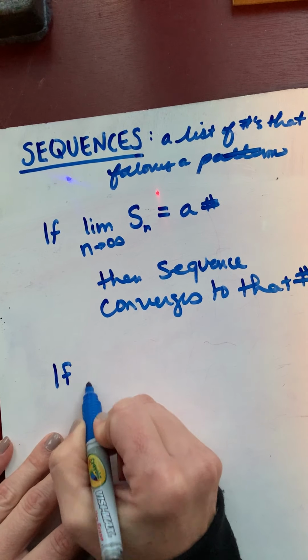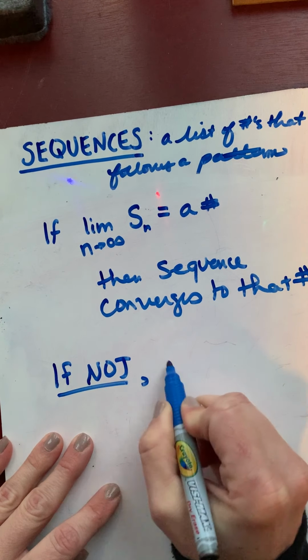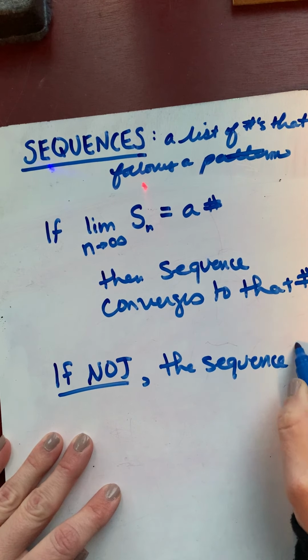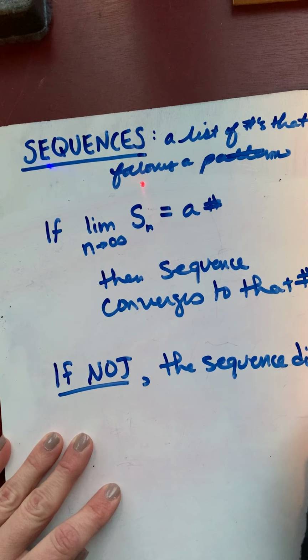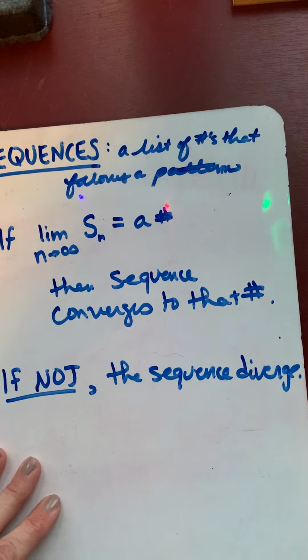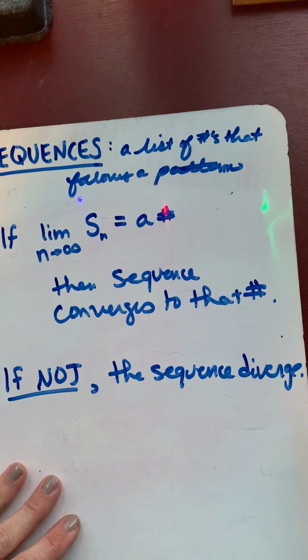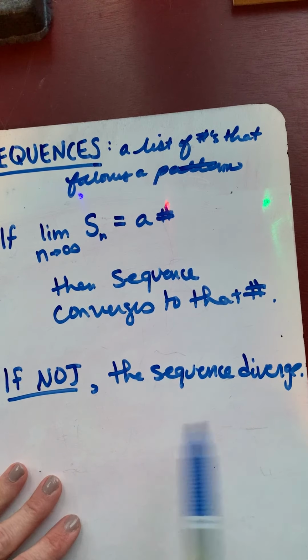If not, the sequence will diverge. So if the limit of the sequence is a number, then the sequence will converge to that number. If that doesn't happen, the sequence diverges.